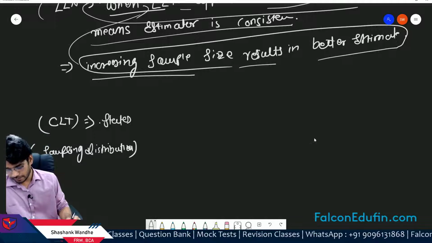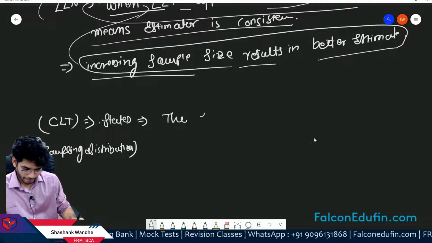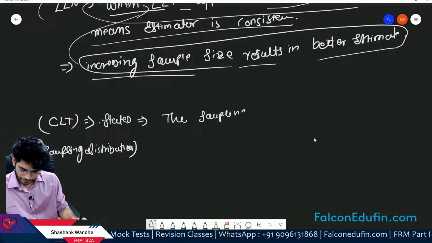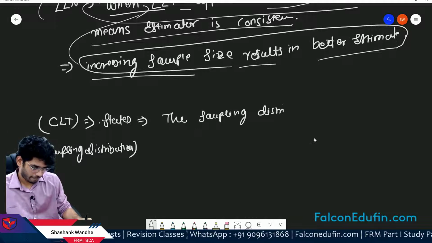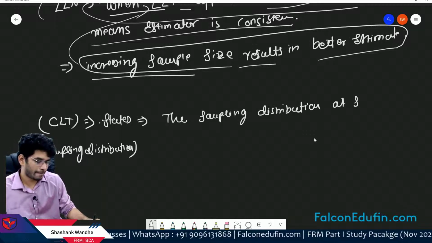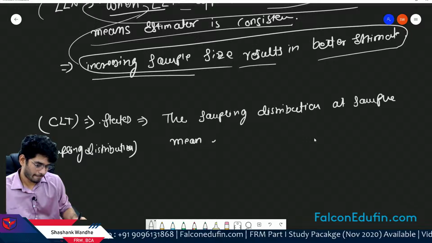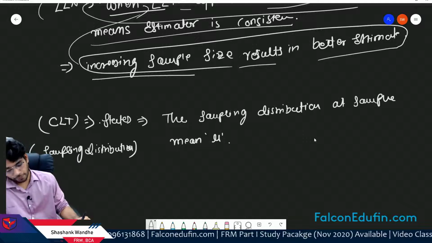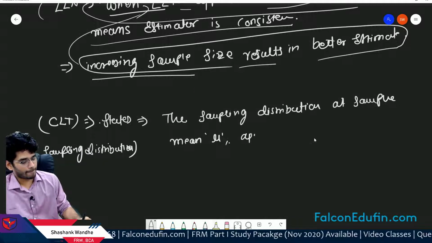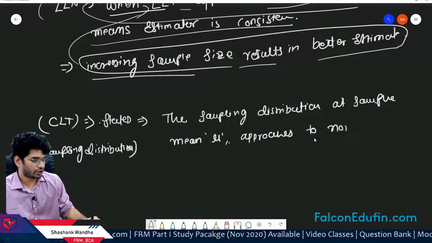So it states that the sampling distribution of the sample mean approaches a normal distribution.